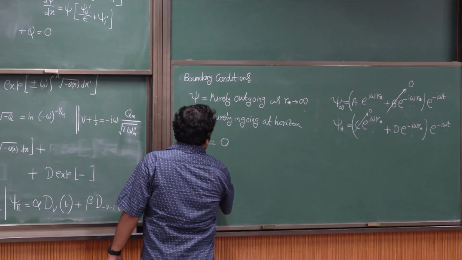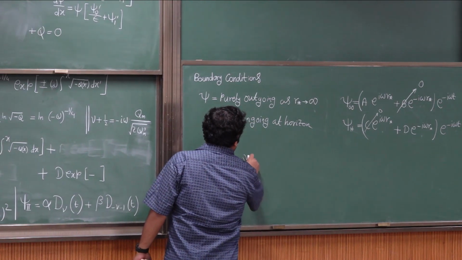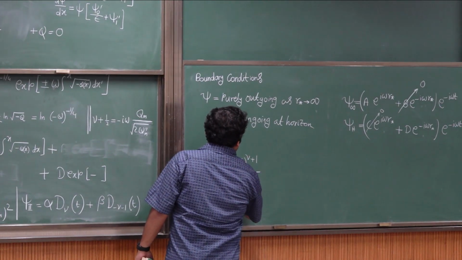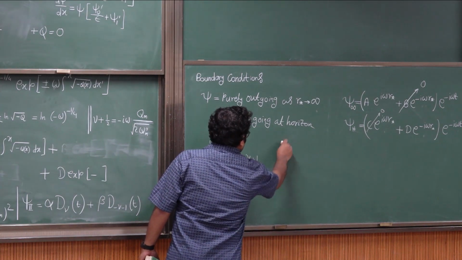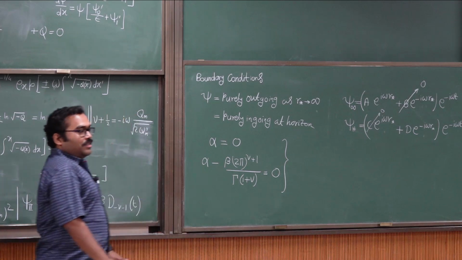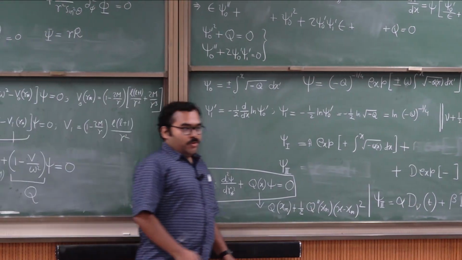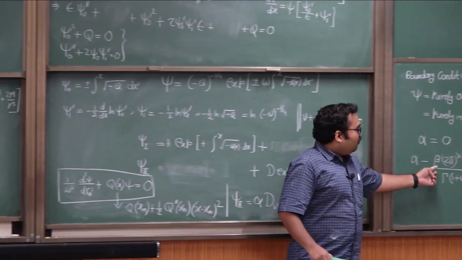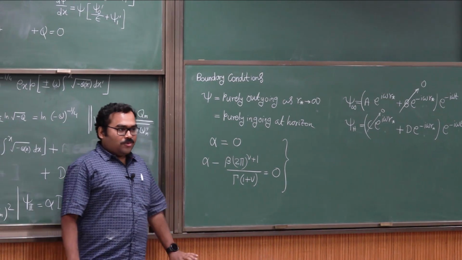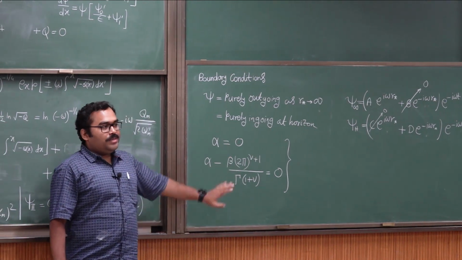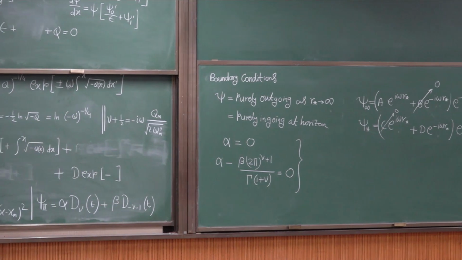The other condition is alpha minus beta, 2 pi to the power nu plus 1 divided by gamma of 1 plus nu, equal to 0. So you get these two boundary conditions. This factor 2 pi to the nu plus 1 can be slightly different, but that is not going to hurt you because you can absorb it into beta, which is anyway an arbitrary constant.